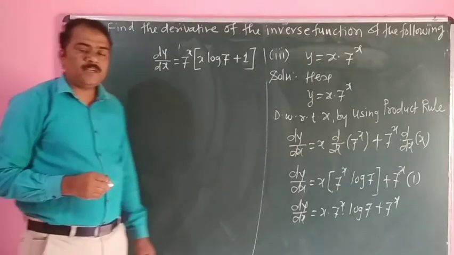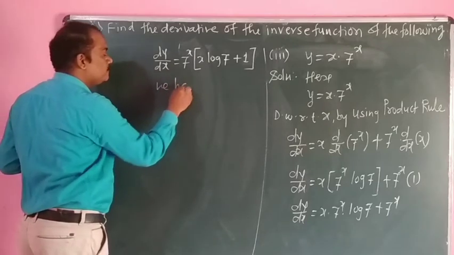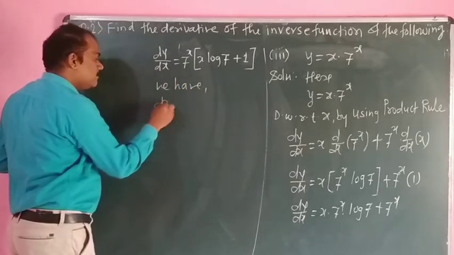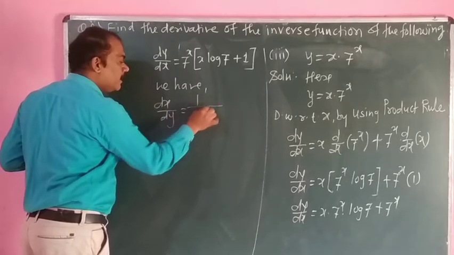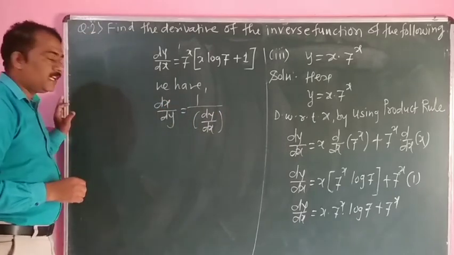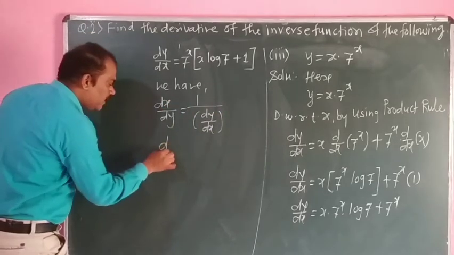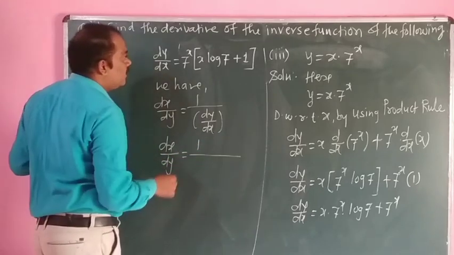By using the theorem related to derivative of the inverse function, we can write dx by dy is equal to 1 upon dy by dx, with the condition that dy by dx is not equal to 0. So that dx by dy is equal to 1 upon, what is the value of dy by dx?